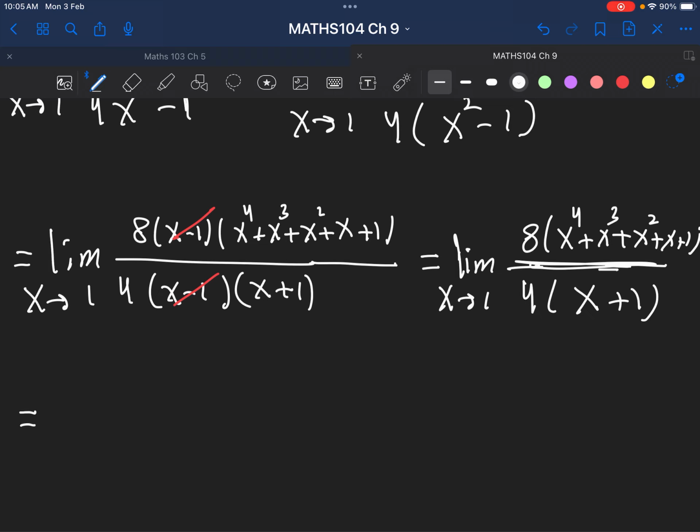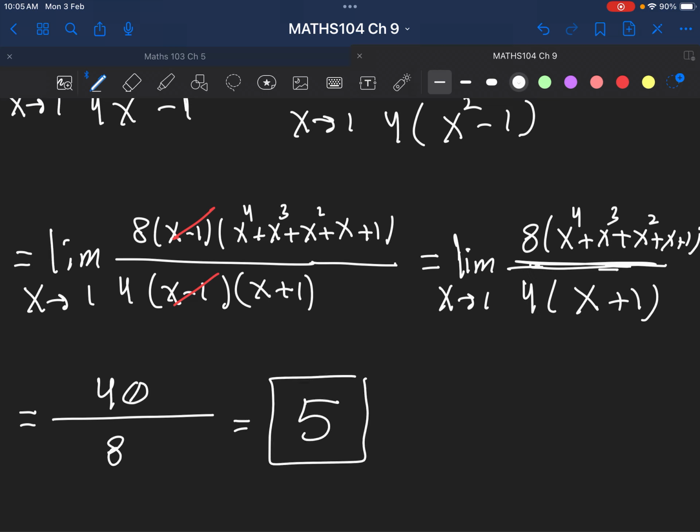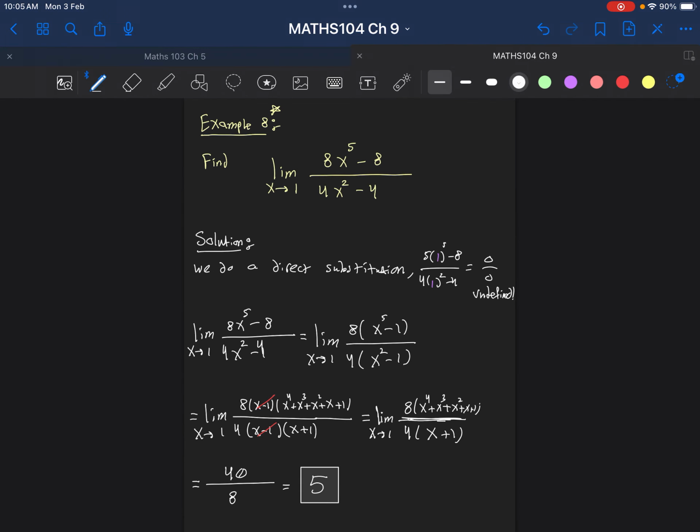Now, if you substitute just 1, the final answer will be 40 divided by 8, which is just 5. And that's the last question in terms of when we have polynomial over polynomial.